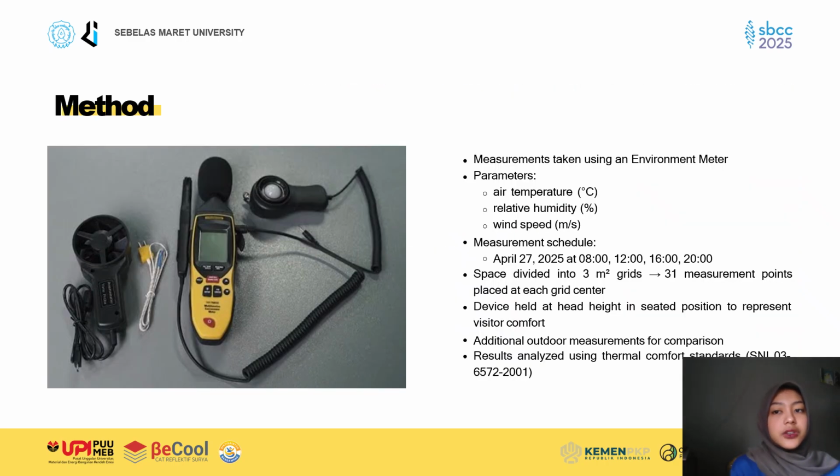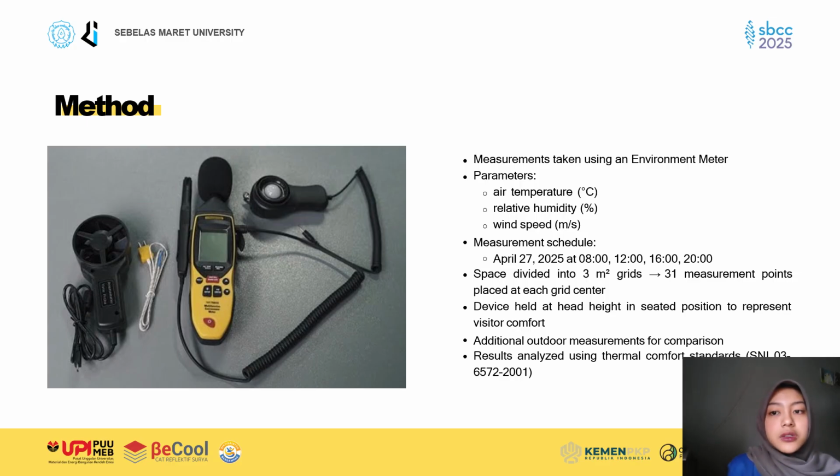The method used in this research is a quantitative approach involving direct measurements of thermal comfort parameters, including temperature, humidity, and air velocity. In this study, all measurements were carried out using an environmental method to ensure accurate and consistent data collection.